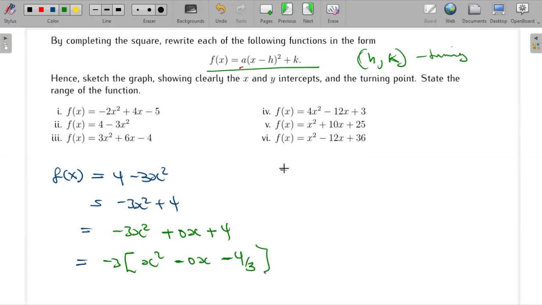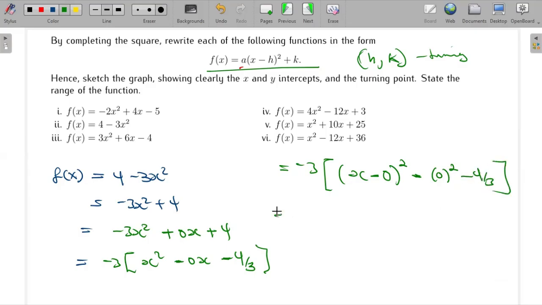Now this is equal to negative 3 times x minus half the coefficient. The coefficient is 0, so half that coefficient is 0. And x minus 0 squared, minus half squared, which is 0 squared, still 0, and then minus 4 over 3.